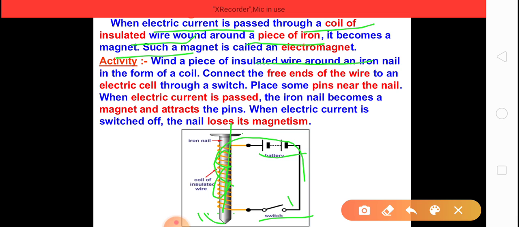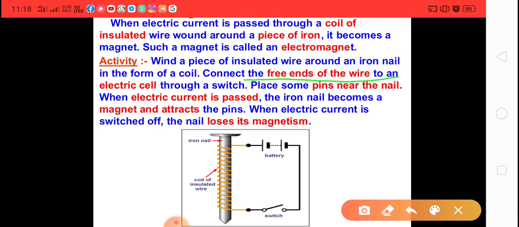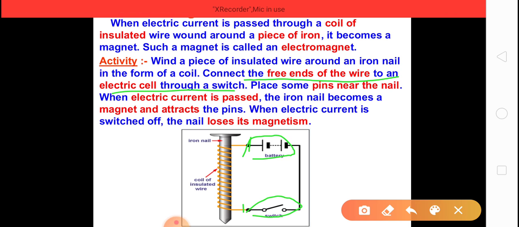Clear about this, children? Now see this activity on your screen. Again we will discuss. First, a piece of insulated wire is wound around an iron nail in the form of a coil, as we have in the figure. After that, connect the free ends of the wire to an electric cell: here we have two ends, one end of the wire we connect to the battery, and the other end we connect to the switch.